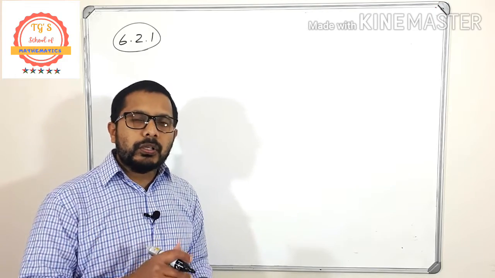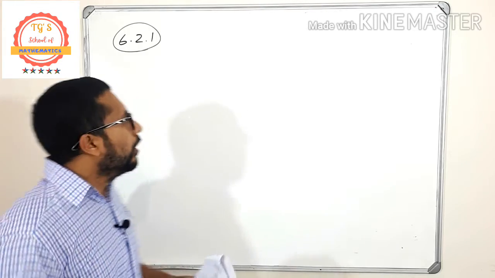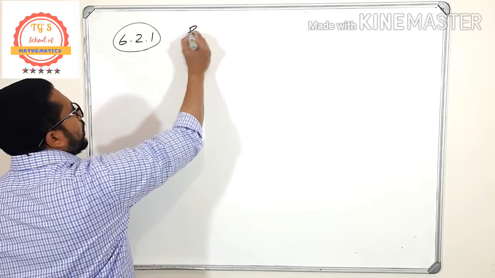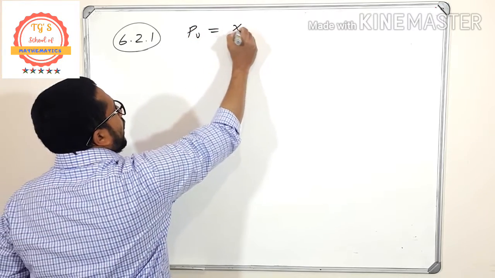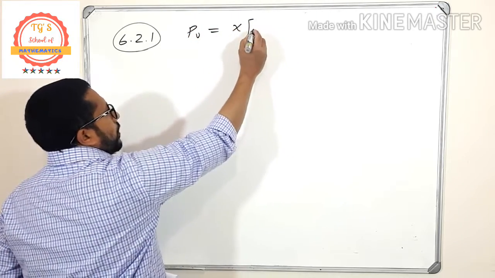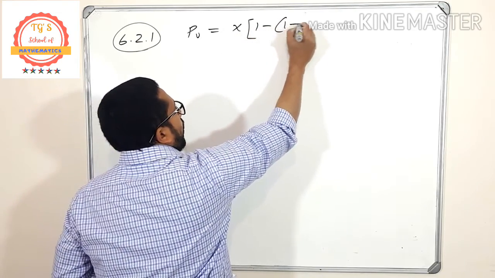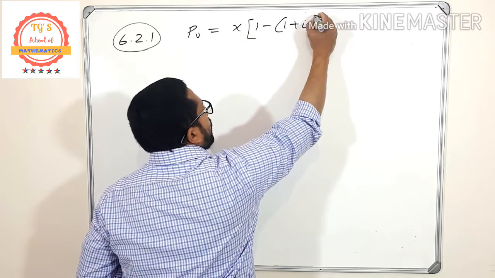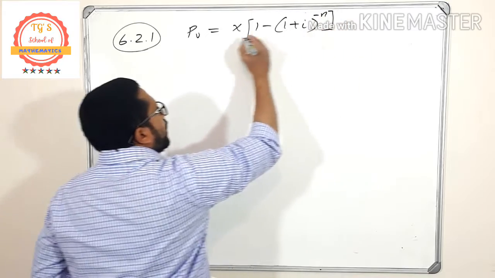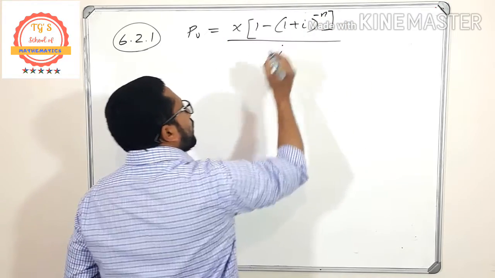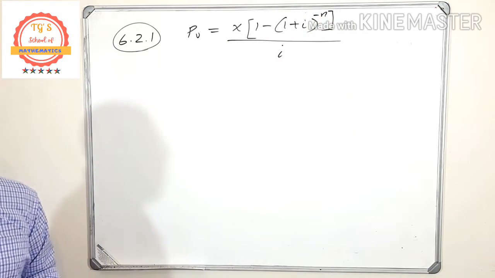So here it's a loan, so it is a present value. Okay, so what is the formula? Present value is equal to x times 1 minus (1 plus I) the whole raised to minus n, divided by I. This is the present value annuity formula.